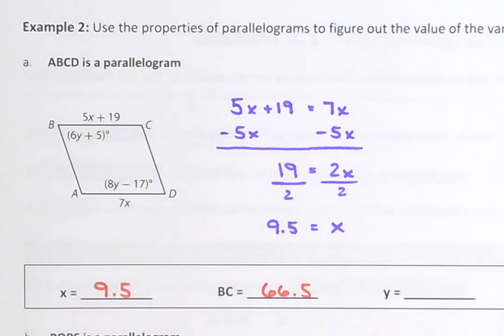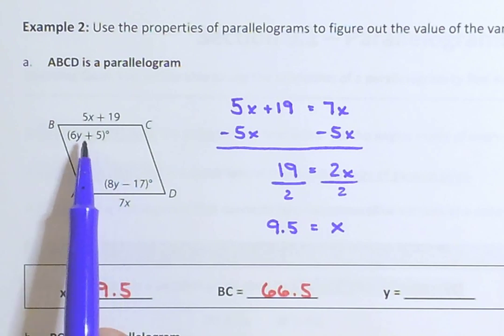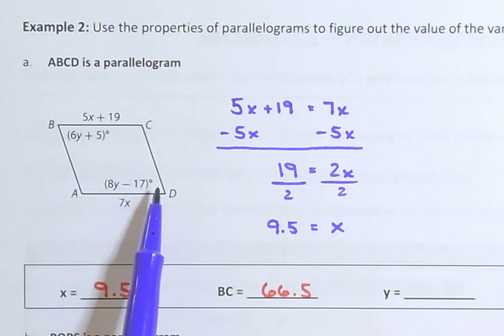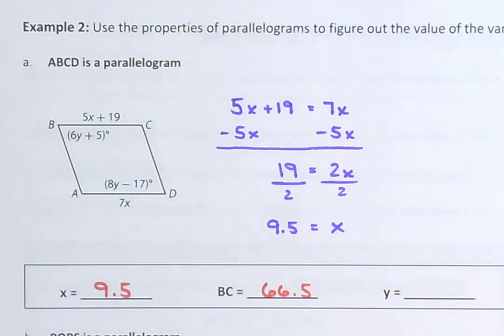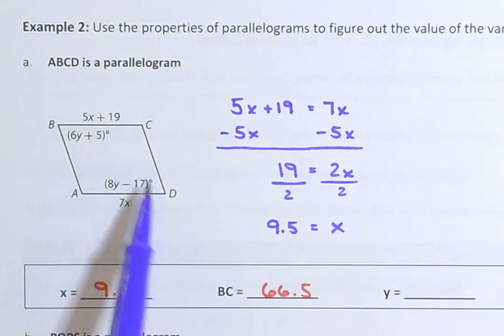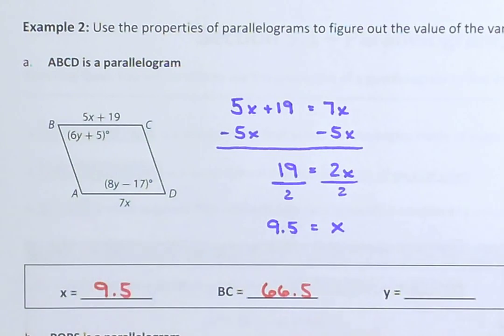I know that opposite angles are congruent, and that consecutive angles are going to add up to be 180 degrees. B and D are opposite of each other. So because they're opposite, that tells me that opposite angles are congruent. So that tells me that these two have the same measure, which tells me that they're equal.